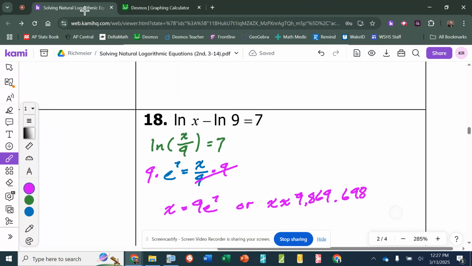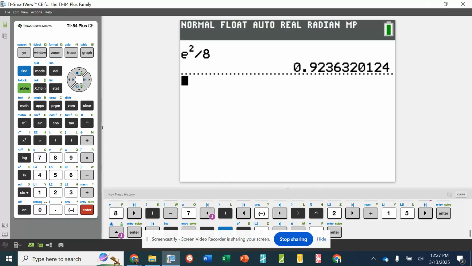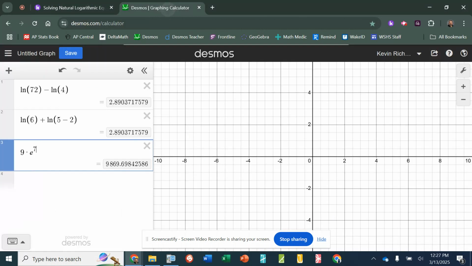Now, a couple of things that I didn't do on some of these problems, just because I forgot, I wanted to move along, is we still need to check our solutions. Just because they're natural logarithms doesn't mean that our solutions are automatically going to work. So like here in number 18, what I could do, let's come over to Desmos, I got my value there.